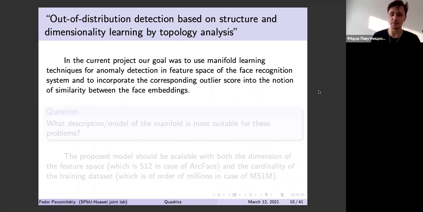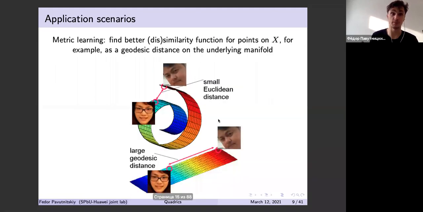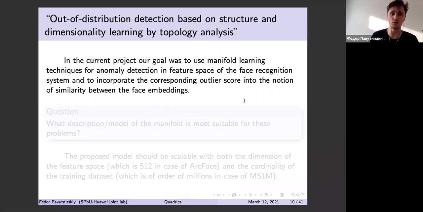As I said in the beginning, the idea was to apply this anomaly detection method, using a submanifold learning algorithm, to anomaly detection in the feature space of a face recognition system. I will return to it later in the experiment section, but for now I will just say a couple of words about it for better understanding.